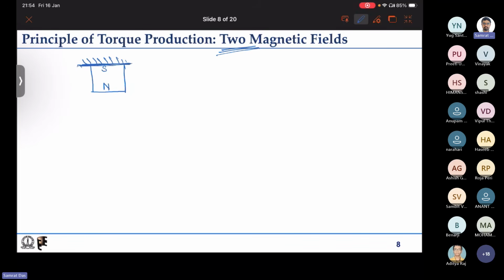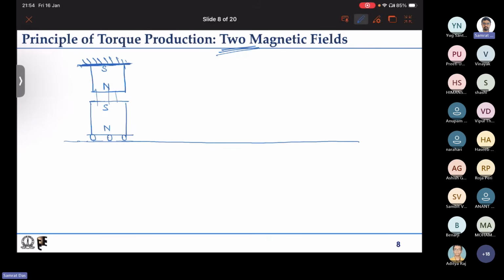So this end is held stationary, and we have another magnet which has some roller on its back, and this is the surface on which it is stationed, and say it is south pole and north pole here. Now what will happen because of this? There will be some force in the upward direction, in the y direction only, but there will not be any motion in the horizontal direction.